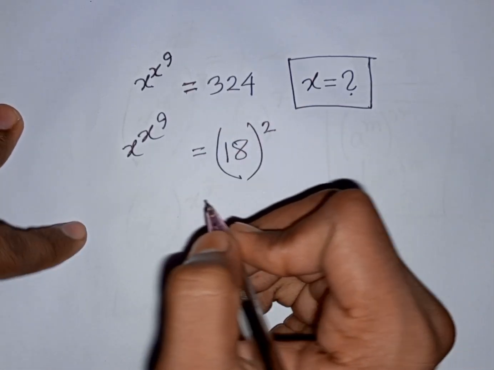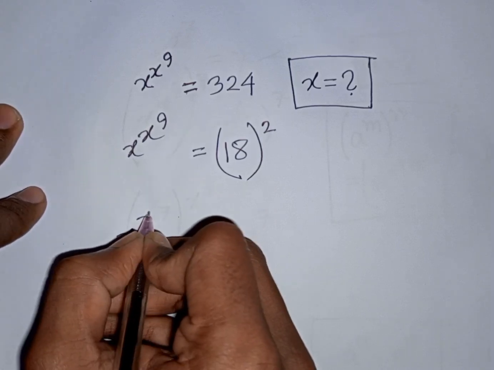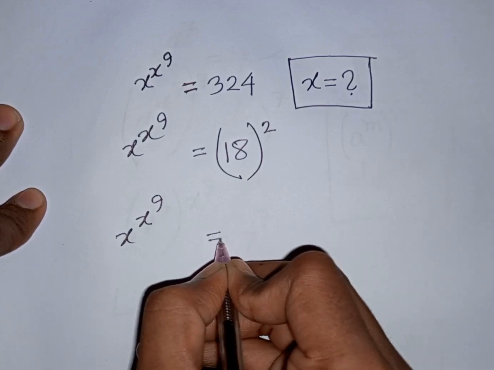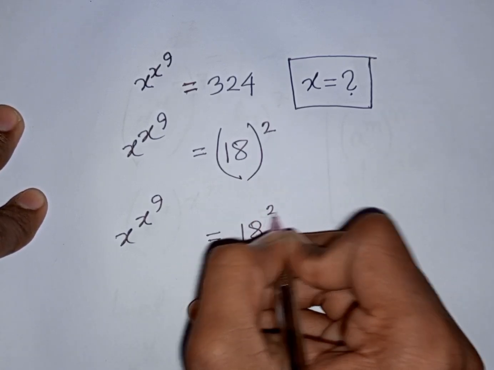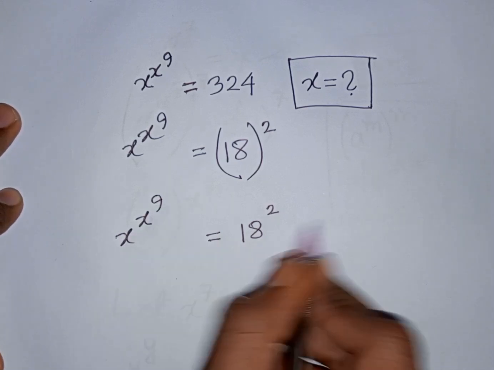Now we have x power 9 is equal to 18 square.